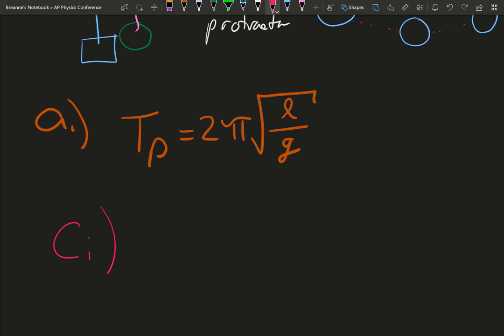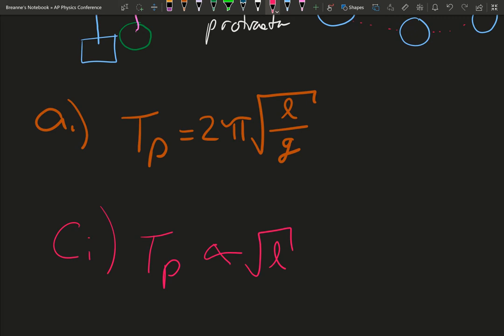Well, if we're looking at the equation, we can take our 2 pi out because those are just numbers. So we can just say that the period of a pendulum is proportional to the square root of L. I literally took that from the equation.